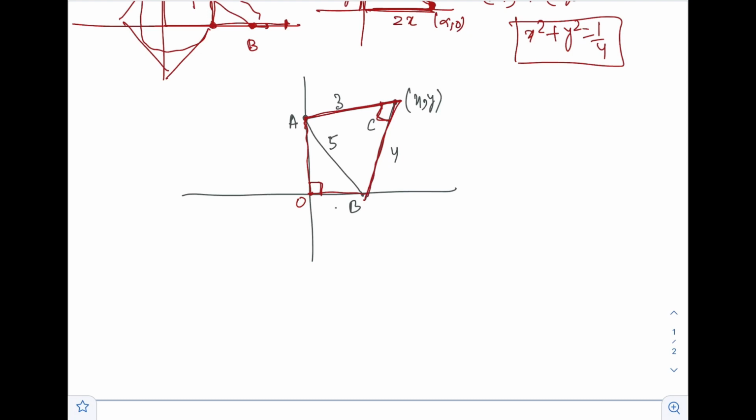This quadrilateral AOBC is cyclic because the sum of opposite angles is 180 degrees. It means we have a unique circle passing through all 4 vertices. At a particular location, if you fix C, A and B, and of course the origin is fixed, then we'll have a unique circle passing through all 4 of them.